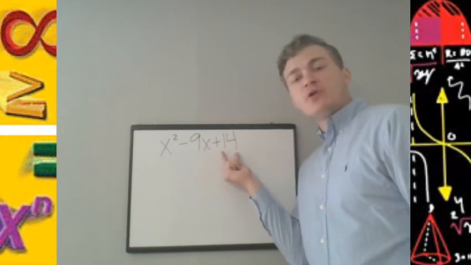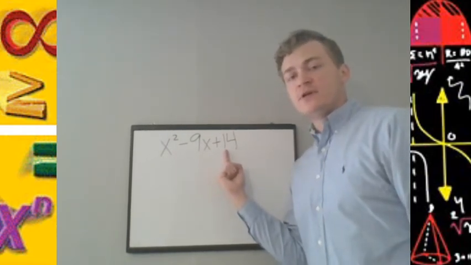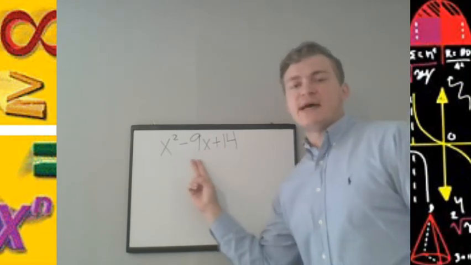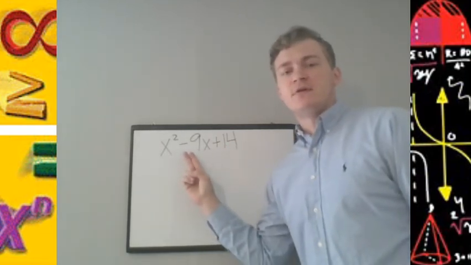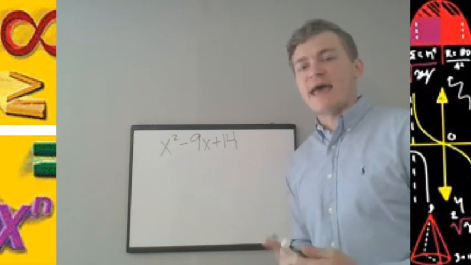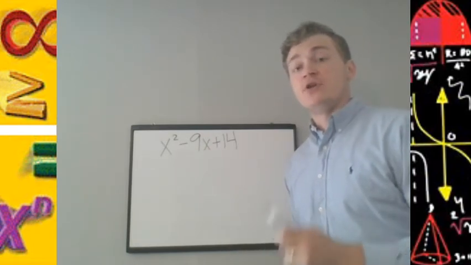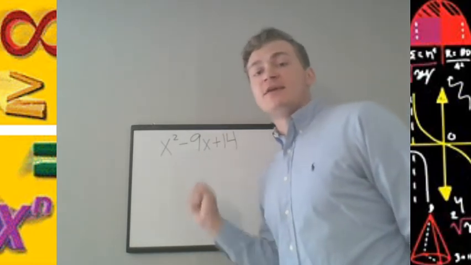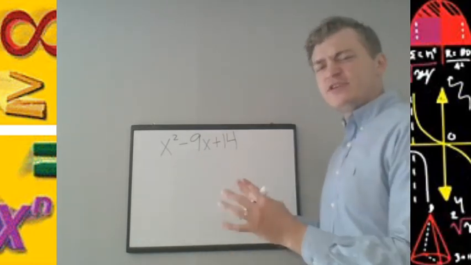The two numbers have to multiply to give us a positive, so either both of those numbers are positive or they're both negative, but at the same time they have to add to give us a negative. Well, two positive numbers cannot add to give you a negative. Two negative numbers will multiply to give you a positive, and they can combine to give you a negative, so these integers must be negative.